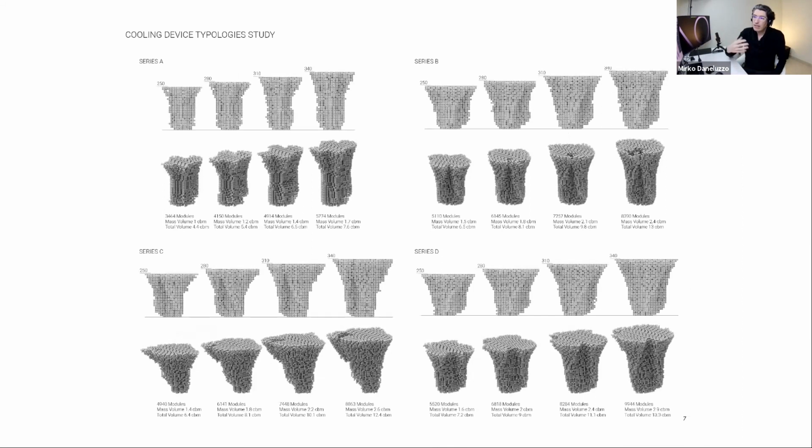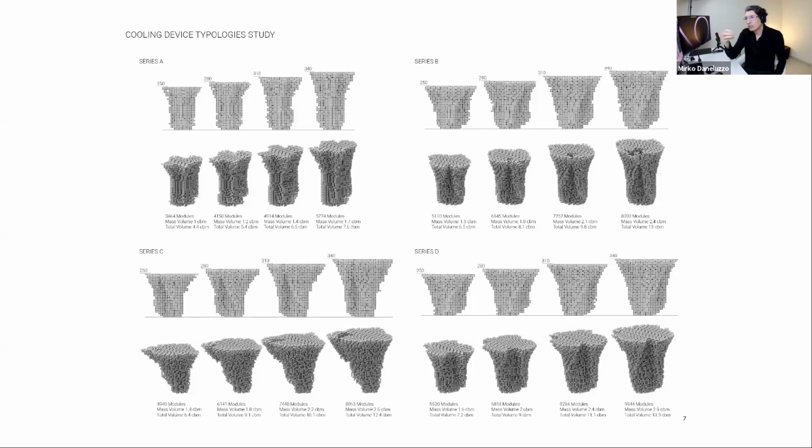The advantage of using algorithms to generate these forms is that with one single piece of software, you can generate a multitude of configurations, and each configuration is specific in terms of performance, because in a minute I will tell you the functioning of the object.